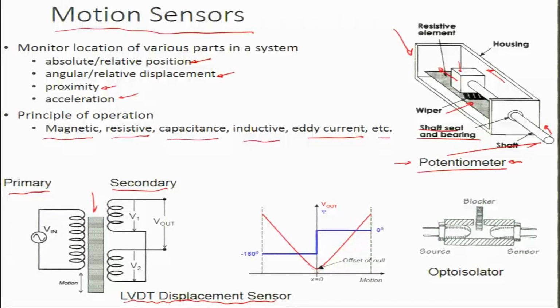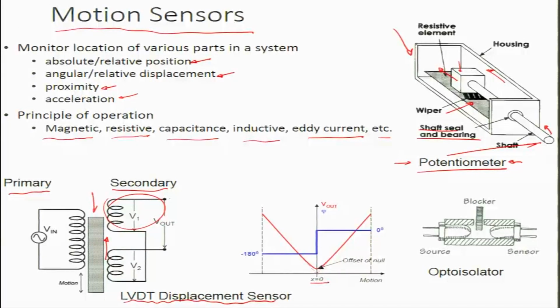So the idea is that if the core moves in a bottom up manner and covers more of the secondary coil, there is a change in the output which is measured between the two secondary coils, as you can see laid out here. So any small motion could be very sensitively detected through this particular mechanism.